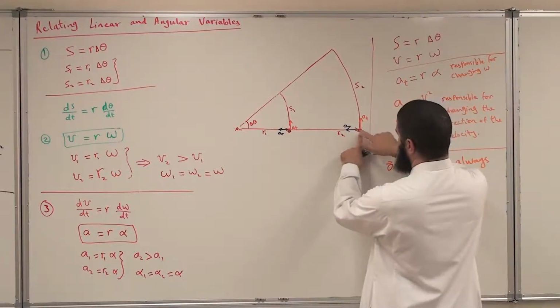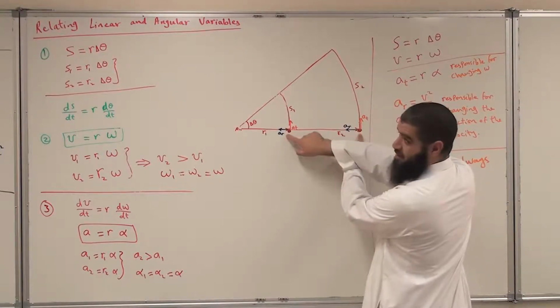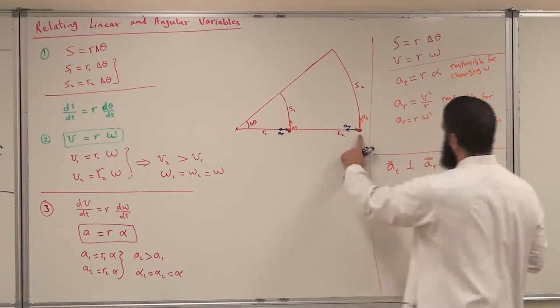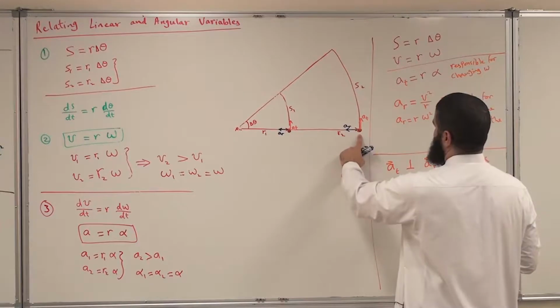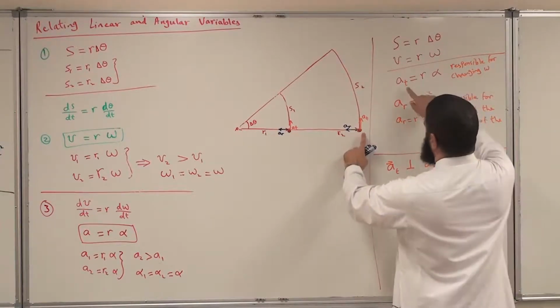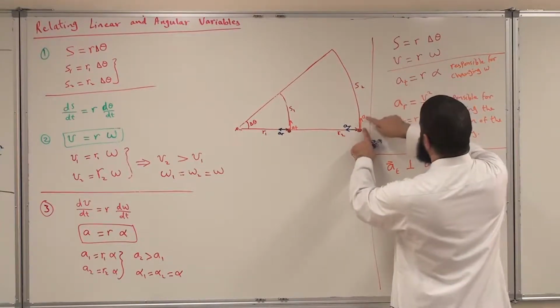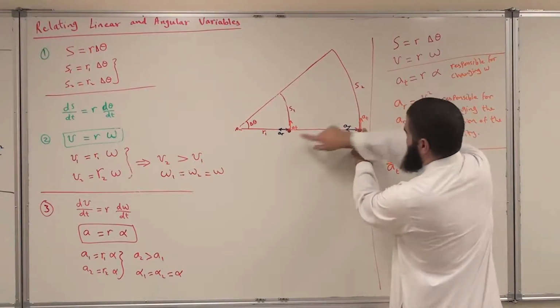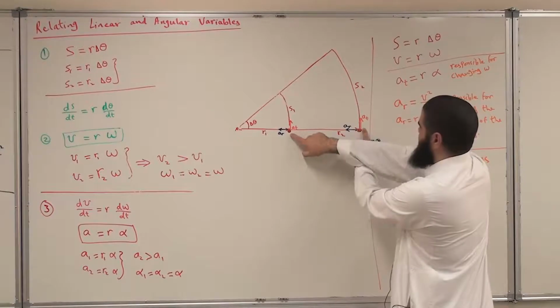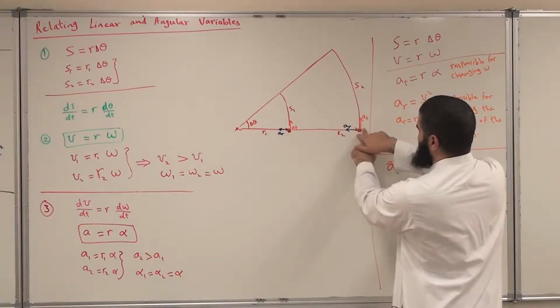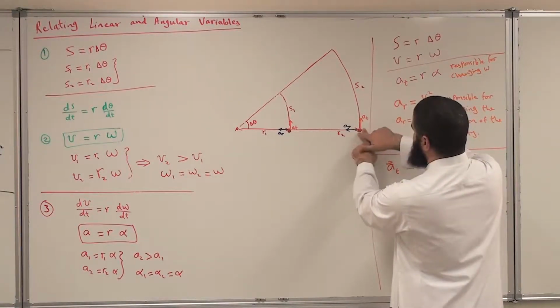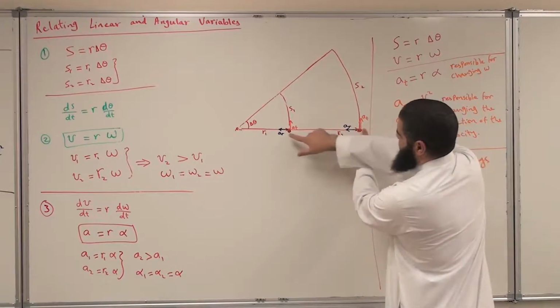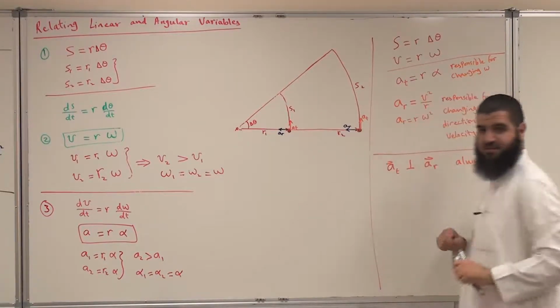So A R2 is greater than A R1. Okay, for the tangential acceleration, the same. A tangential for this point, because alpha will be the same here and there. Okay, R for the closer point is small, R for the further point is large. So A tangential for this point is greater than A tangential for this point.